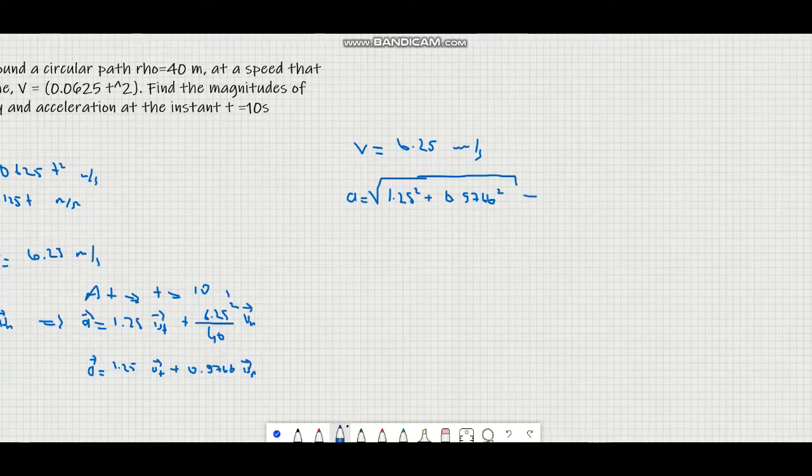When I add them and take the square root, I will find 1.59 meter per second square, which is going to be our acceleration magnitude. So we found both the magnitude of velocity and acceleration at instant t equal to 10 seconds.